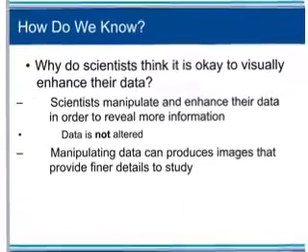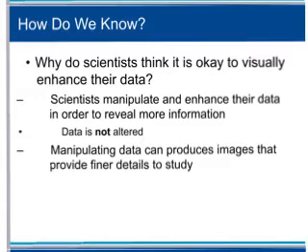So we talked about hypotheses and data accuracy in the beginning of the semester. But a little clarification here is that when scientists add color, just like when a doctor adds color or contrast to a CAT scan or MRI, they're not altering the data.